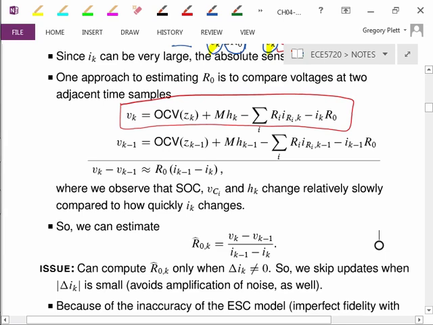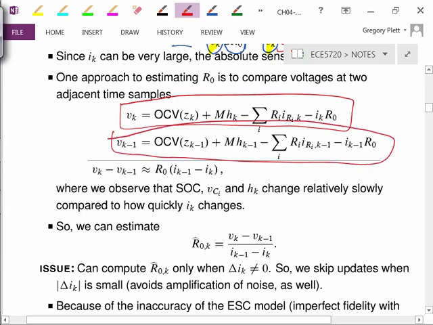And we do the same thing at time k minus 1. It has the same terms, but with different times, of course. And then we take these two equations and we subtract them. So V_k minus V_{k-1} gives me that.